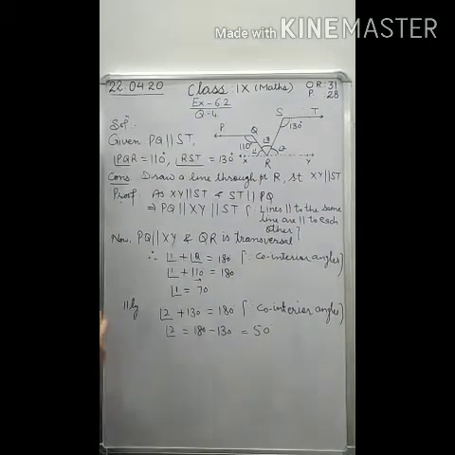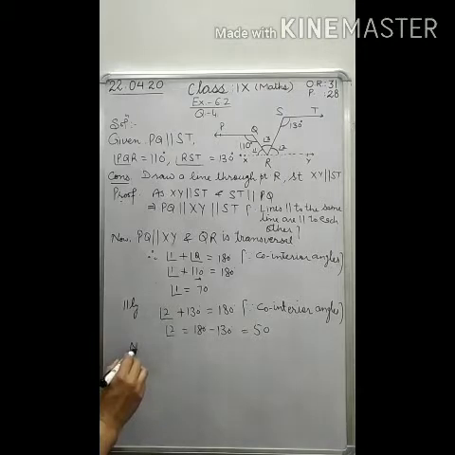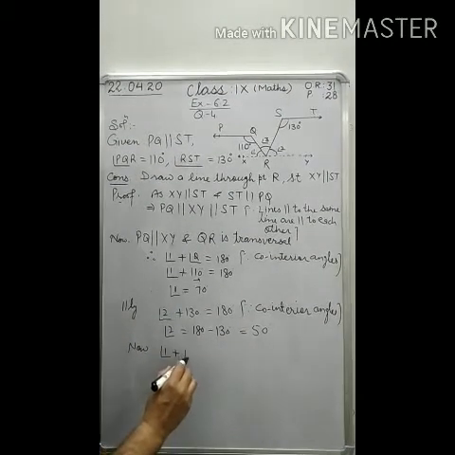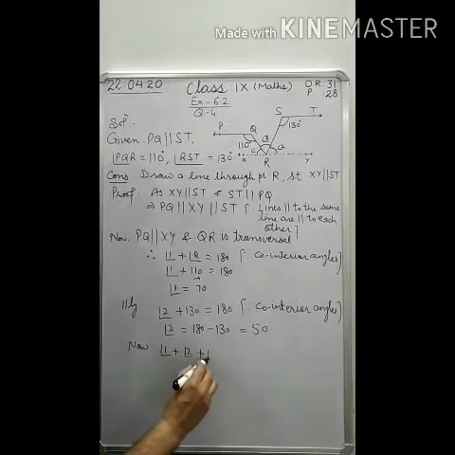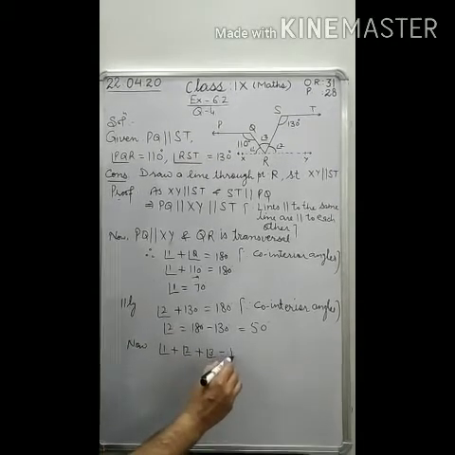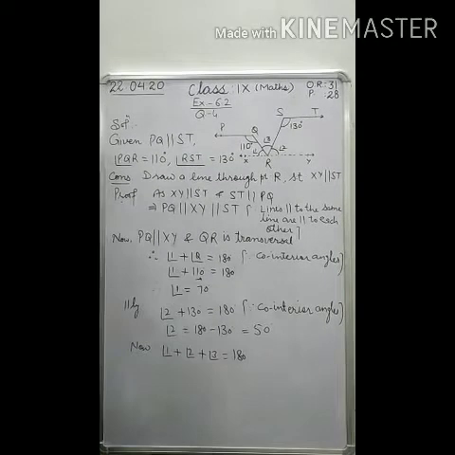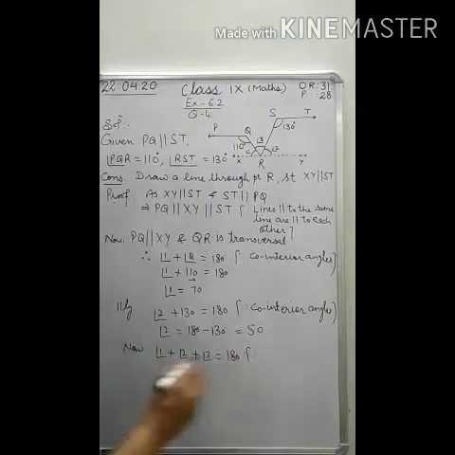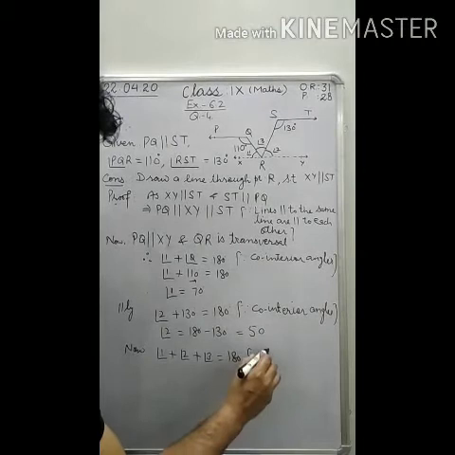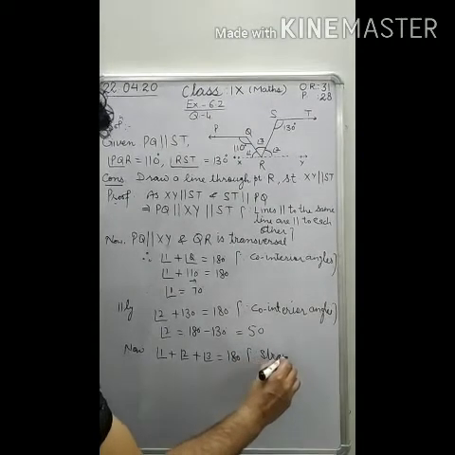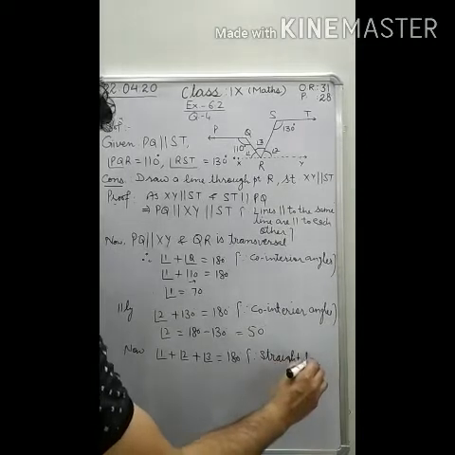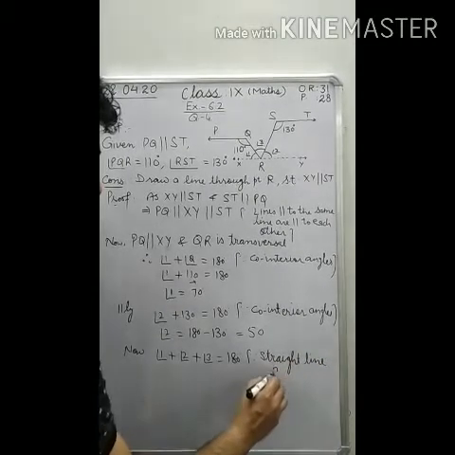So you will write now angle 1 plus 2 plus 3, that is equal to 180 degree. And why is it so? Because they are straight line angles.